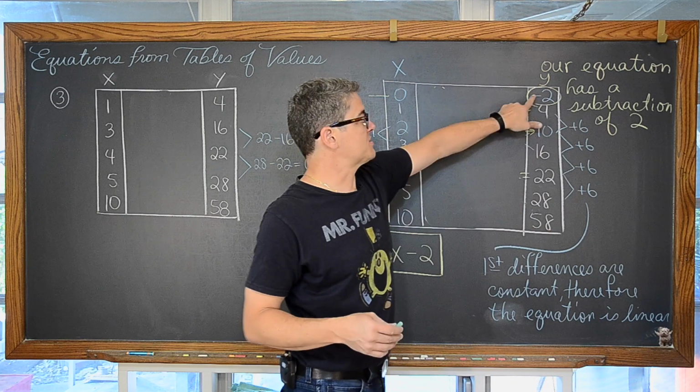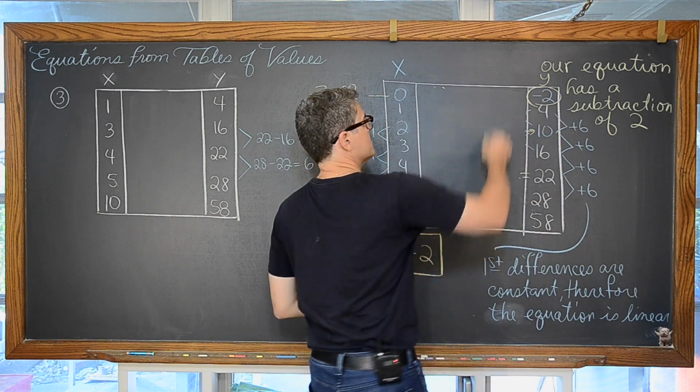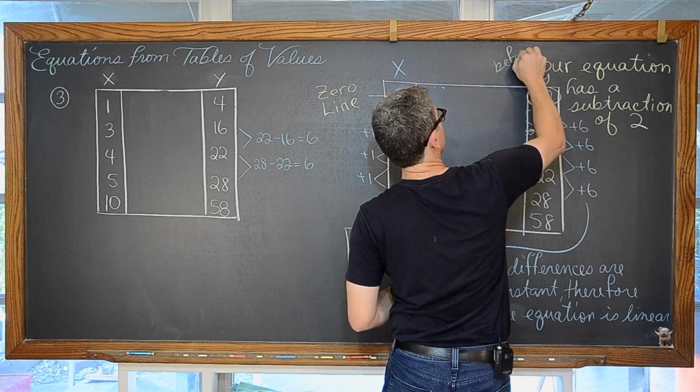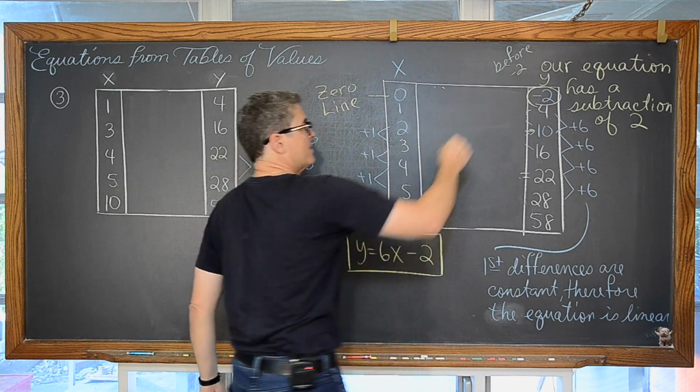If we subtracted by 2, what was each of these numbers before you subtracted by 2? So let's do a little before your minus 2 that the 0 line is saying that you had to have had.